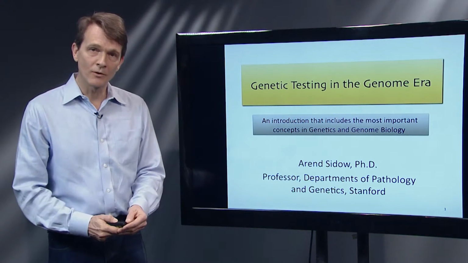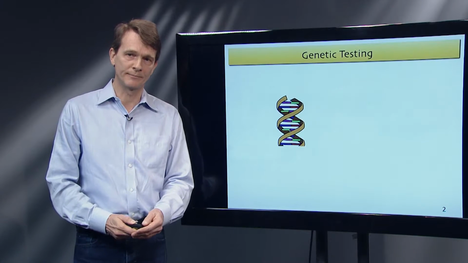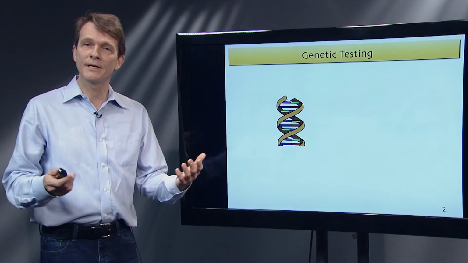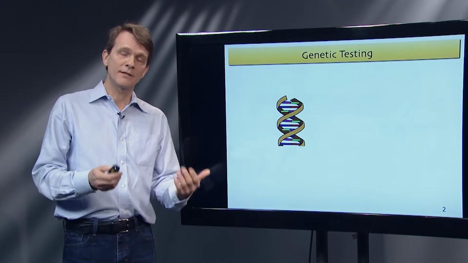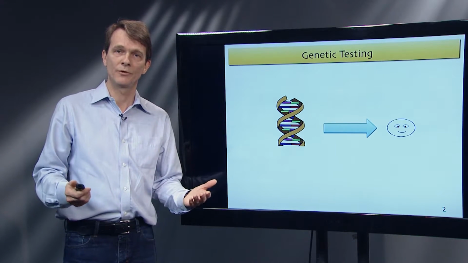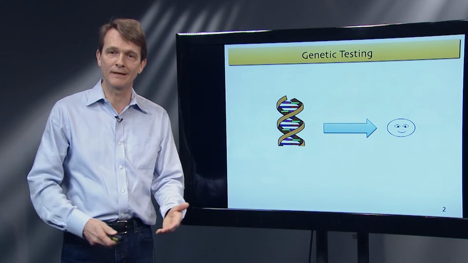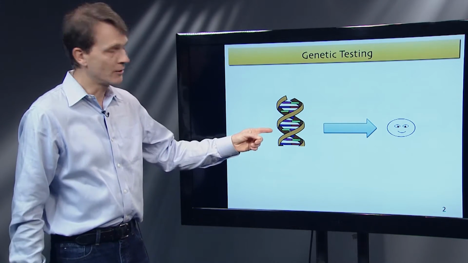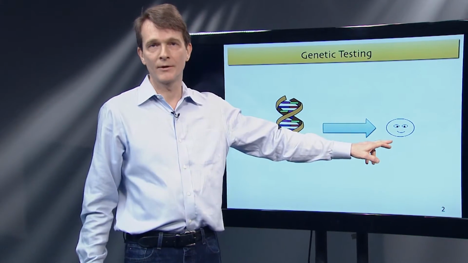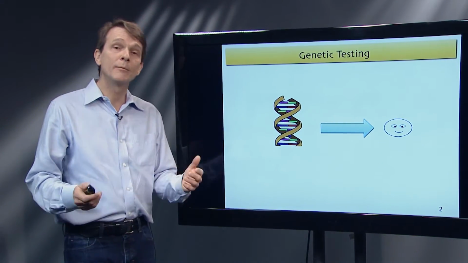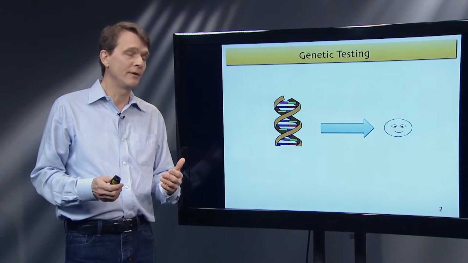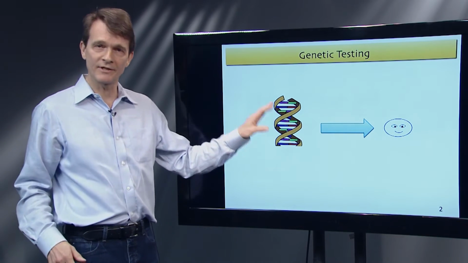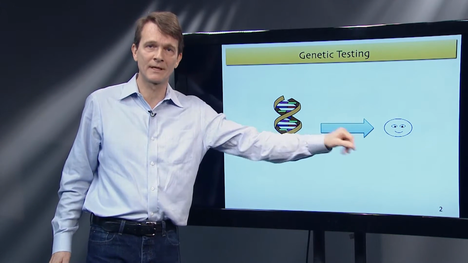So this course is about genetic testing. It all starts with DNA, of course. DNA contains the instructions that are necessary for an organism to become a living, breathing being. The physical conversion of that information encoded in the DNA into an organism involves an incredibly complex set of chemical reactions that build, cell to cell, into an organism.